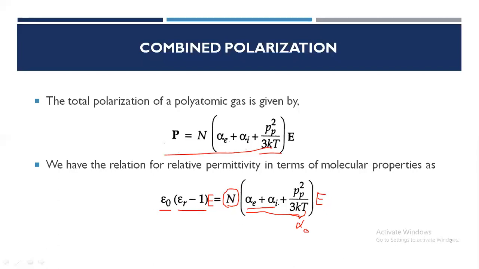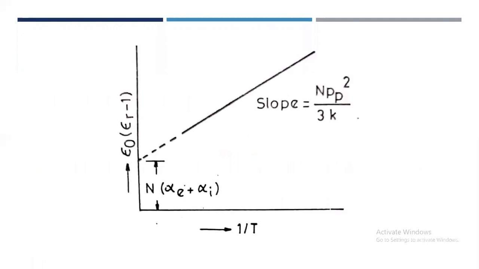So if we plot the total polarization, equated with epsilon 0 into epsilon r minus 1, we get the plot with respect to temperature as here. On the x-axis we are considering 1 upon T, that is the temperature term, and on the y-axis we are considering epsilon 0 into epsilon r minus 1.